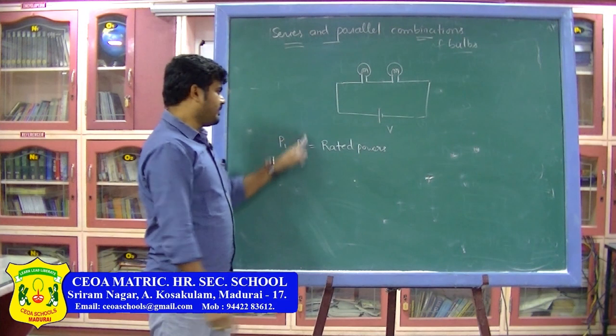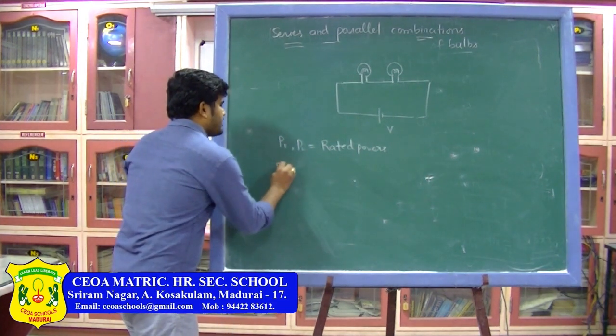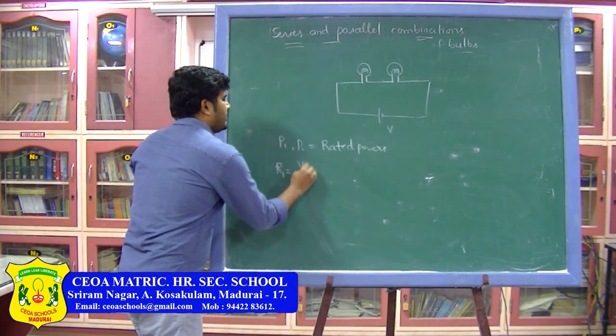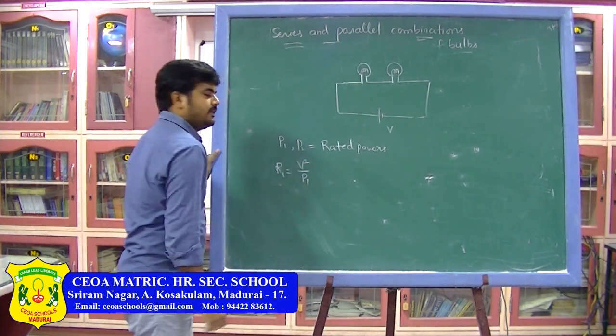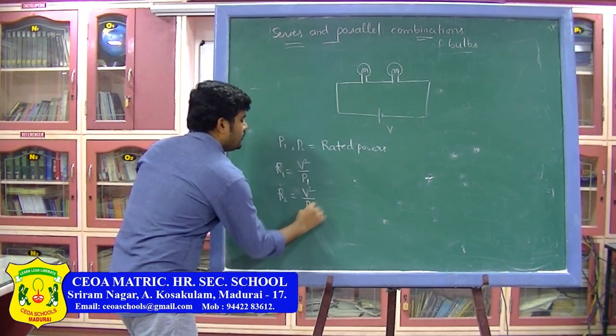From these rated powers you can calculate the resistance. The resistance of the first bulb is V square by P1. Similarly, the resistance of the second bulb is V square by P2.